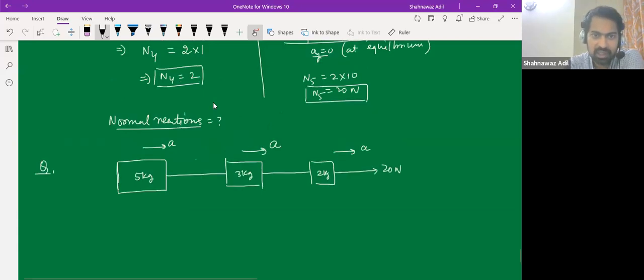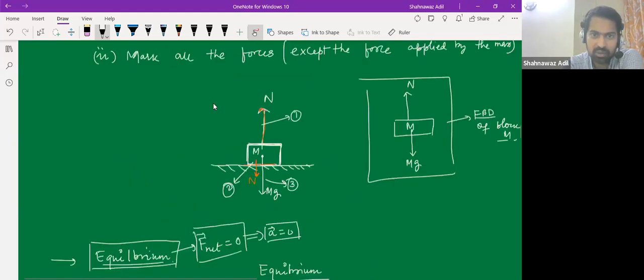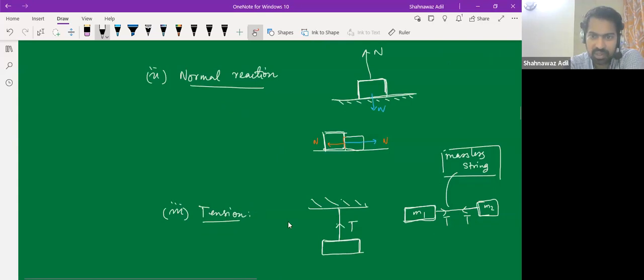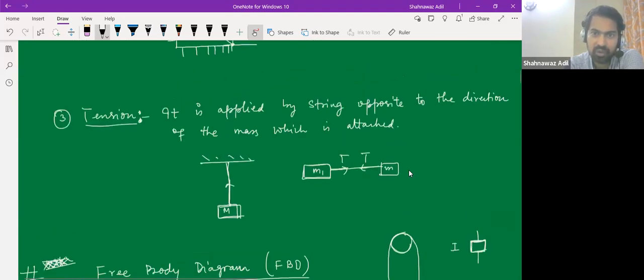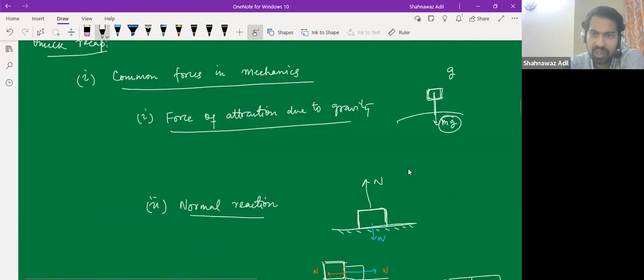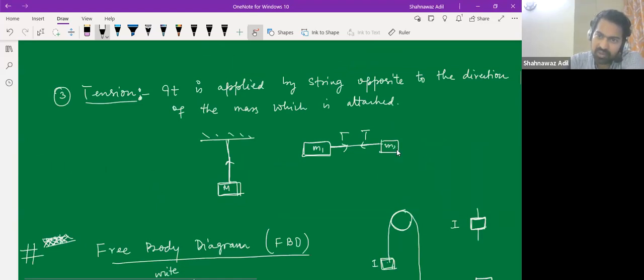We did it when we were doing tension. I didn't write it. So whenever we have an inextensible string, this is not stretching.